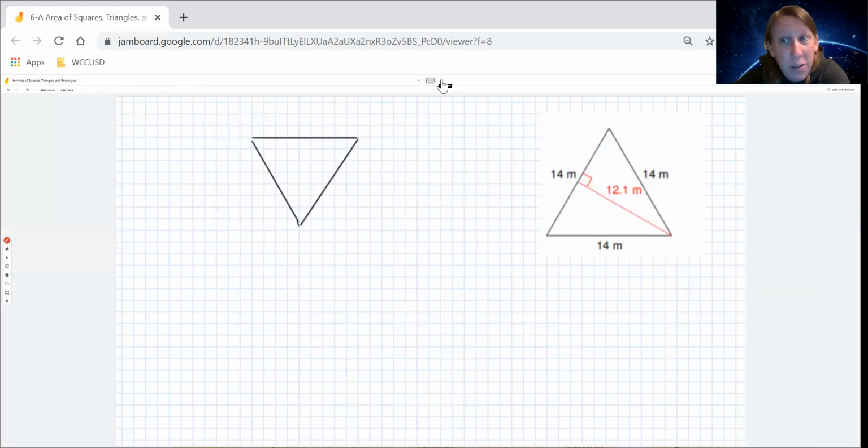All right, what about an equilateral triangle? That's kind of fun. The hard thing about an equilateral triangle is that there's no right angles. So you can see that this would be a really interesting and challenging problem. Okay, this is 1, 2, 3, 4, 5, 6, 7, 8, 9. We could call that 9 units. Let's assume that this is an equilateral.